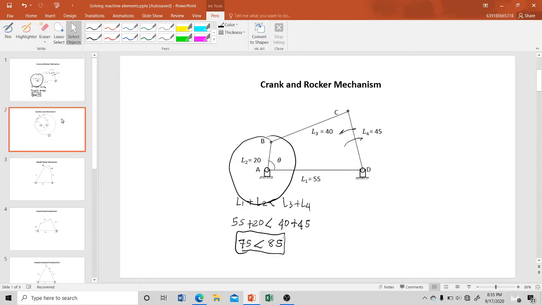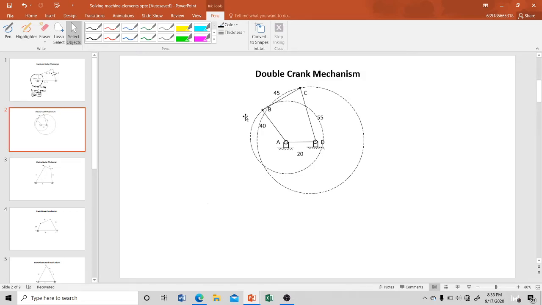But in the double crank mechanism, two links make full rotations. We have this link AB and the link DC. They have unique motions, right?